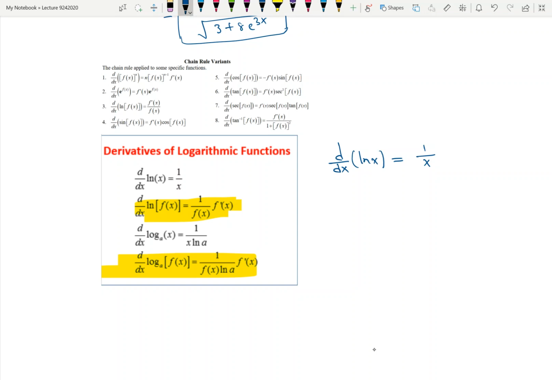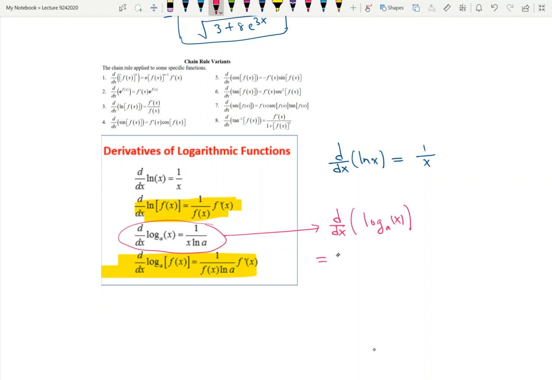Now how about this one? So we have d dx of log base a of x. Here the base is a, right?